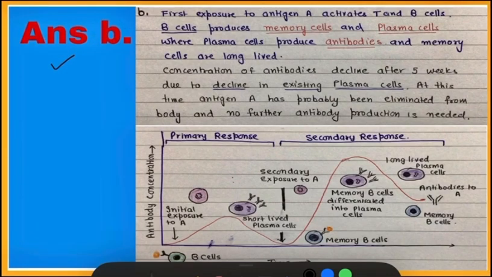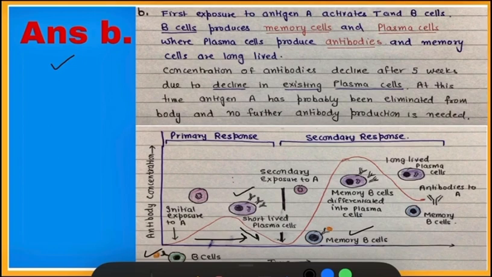Next, answer of part B, why concentration of antibodies declines after about 5 weeks in first exposure to antigen A. First exposure to antigen activates T and B cells of lymphocytes. B cells produce memory cells and plasma cells.